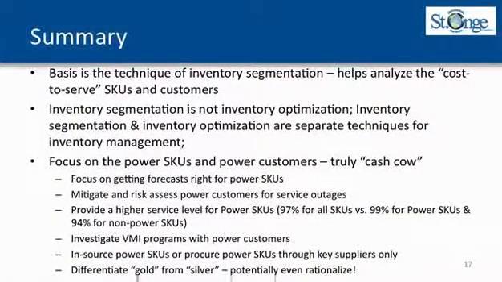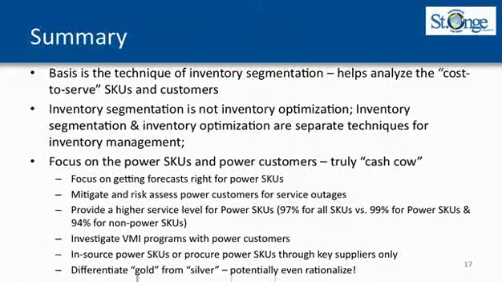Right there, the difference in the service levels will affect the safety stocks that you carry, and hence will affect the inventory stock position, thus allowing you to be more competitive and increase your supply chain efficiencies by reducing your days on hand. You also want to investigate VMI programs with your power customers.